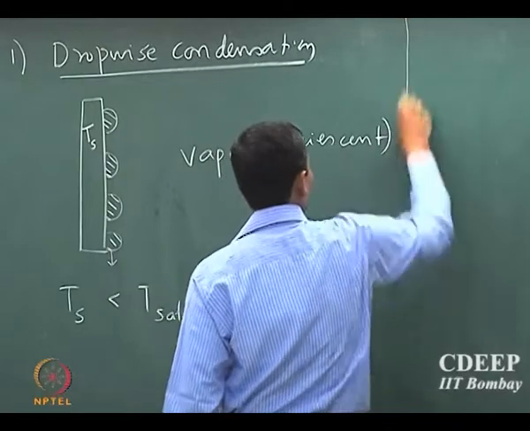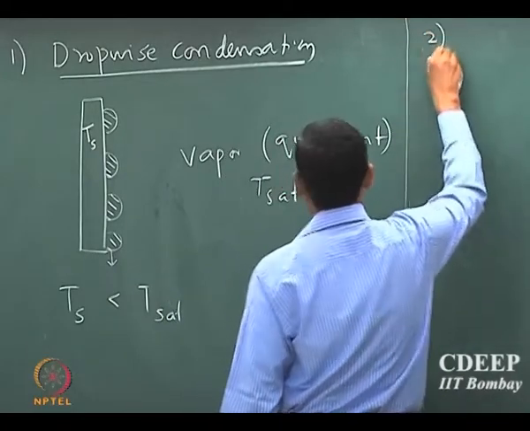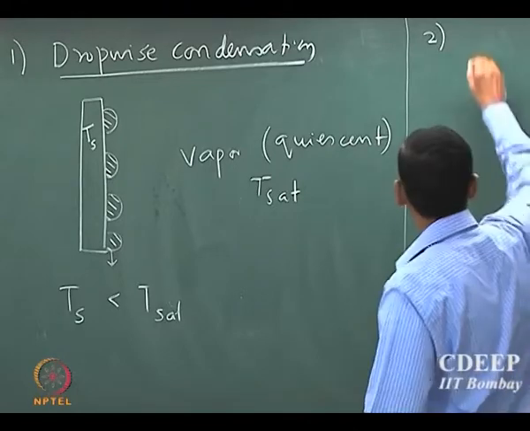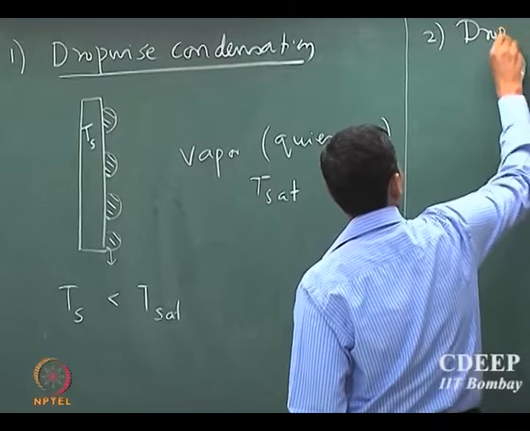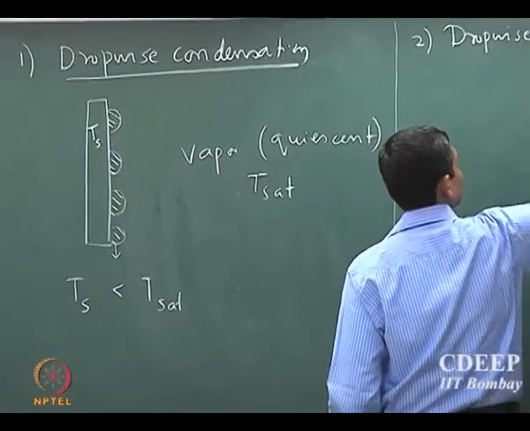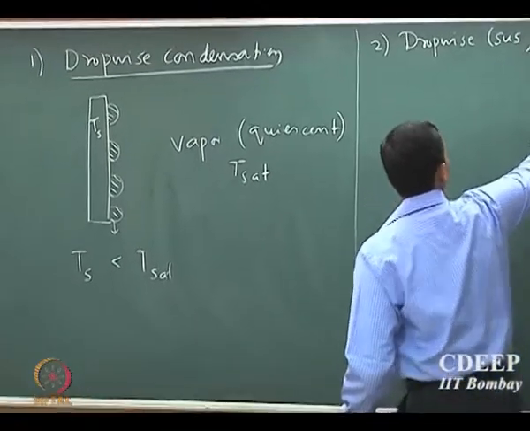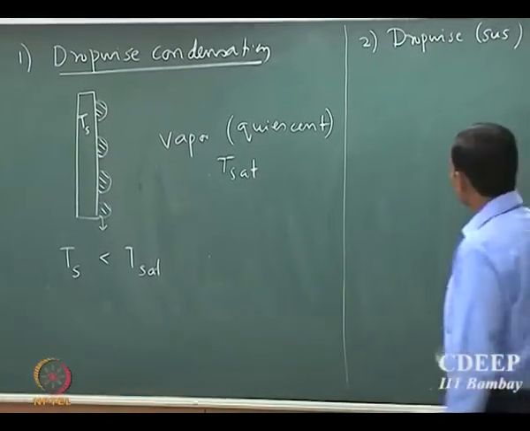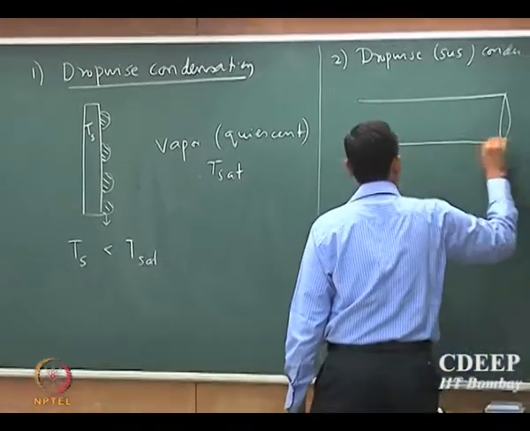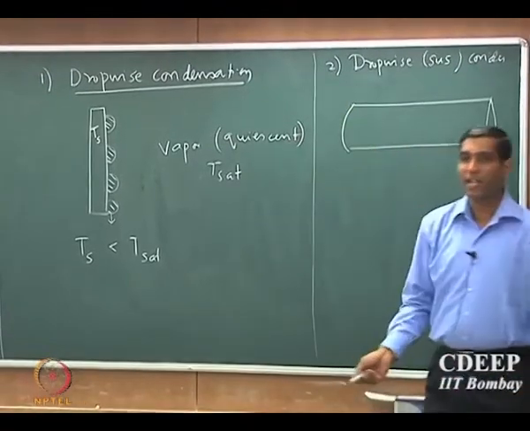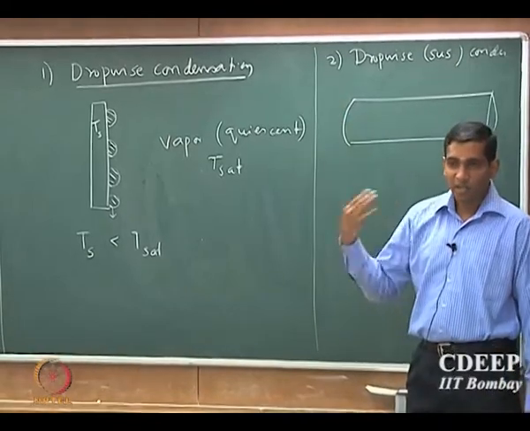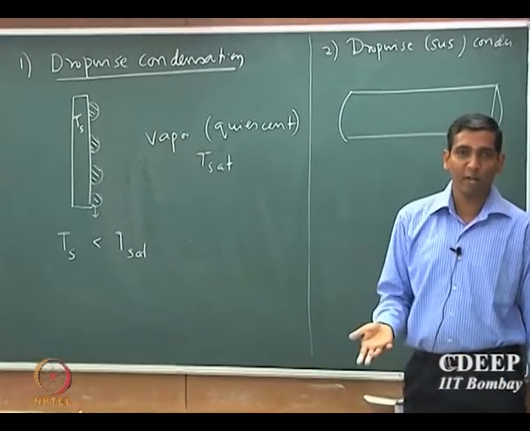So, now if I look at the dropwise suspended condensation process, suppose I take a tube. Suspended dropwise condensation is fairly common in several heat transport equipments.